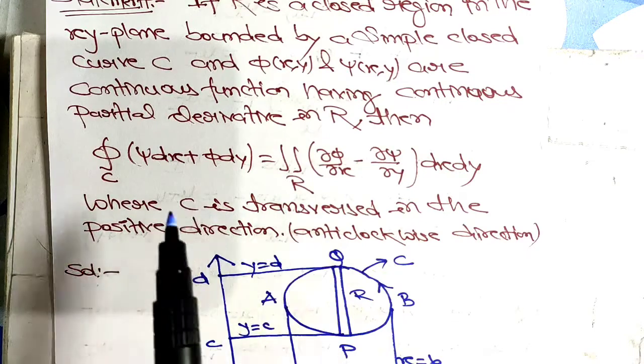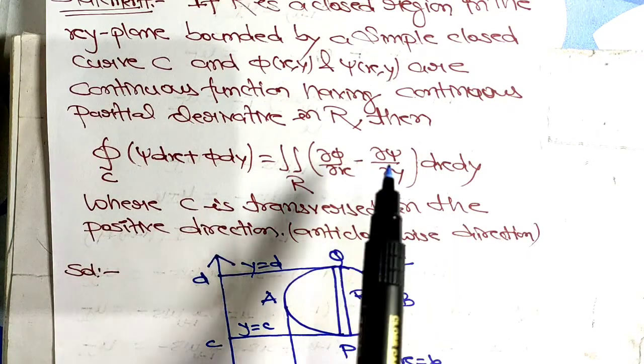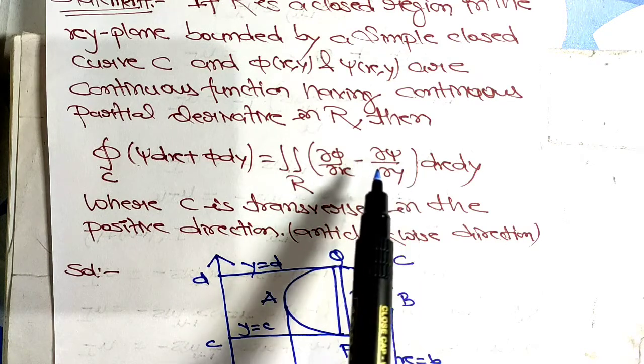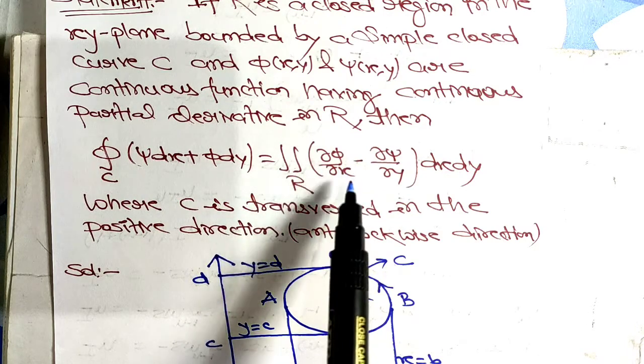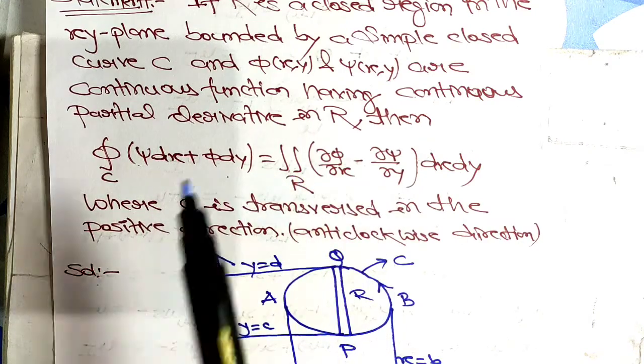So we are going to start from here. Firstly, we find del psi by del y. After this, we find del phi upon del x, take the difference, and prove that this is equal to this line integral.